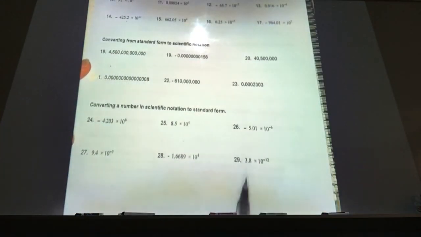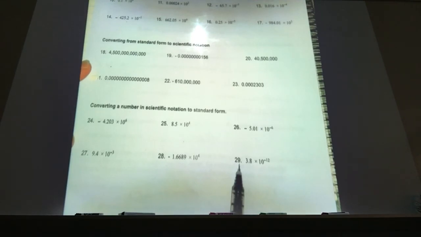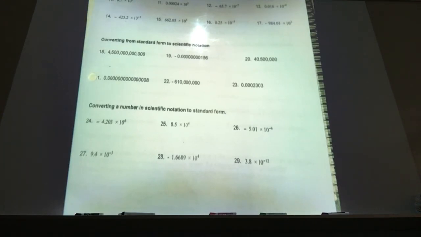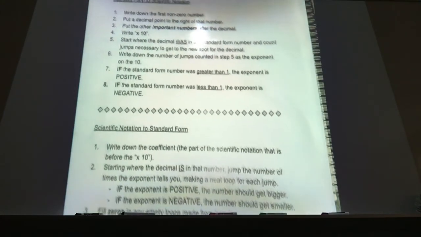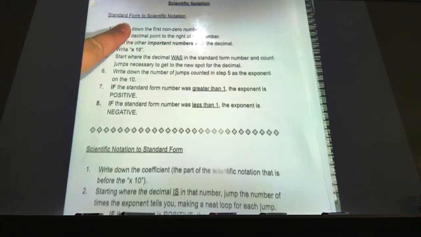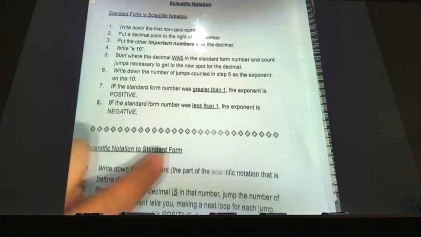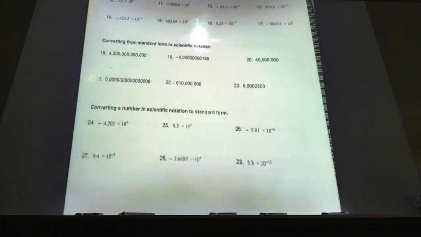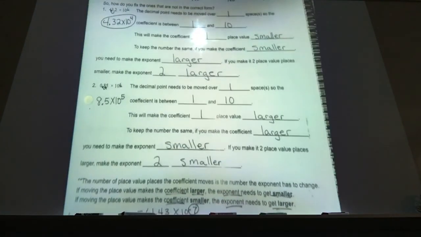Numbers 18 through 29 are a review of lesson 1. If you are confused, go back to lesson 1 and go back to this paper right here to help you in your converting either from standard to scientific or from scientific to standard. Okay? Get that all done. If you have questions, let me know.